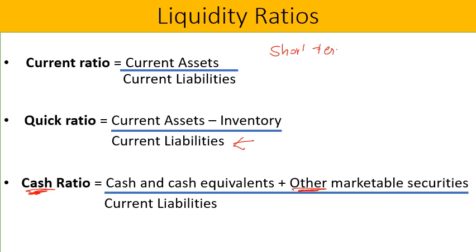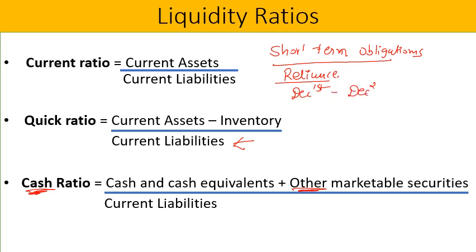So let's take an example to understand how this can be useful and how short-term obligations can be fulfilled. Let's take an example of Reliance, and today is, let's suppose, December 1st. Tomorrow is December 2nd, and tomorrow the company has to pay 100 crores to its suppliers.